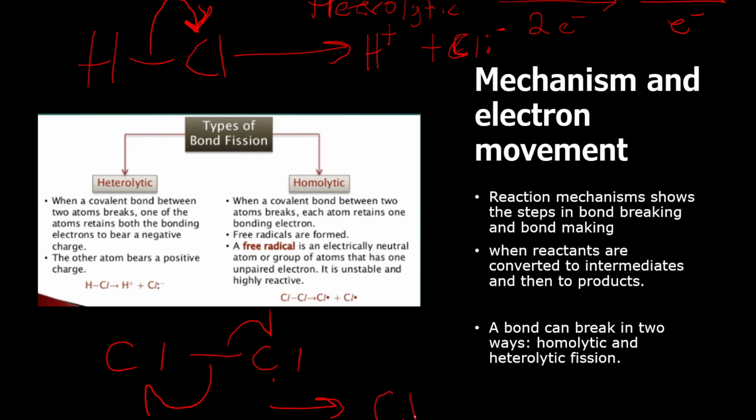And we're going to end up with chlorine radicals. A free radical is an electrically neutral atom or group of atoms that has one unpaired electron. It is really unstable and highly reactive. So that's what we're seeing here, denoted by the dots beside the chlorine. That is the chlorine radical.